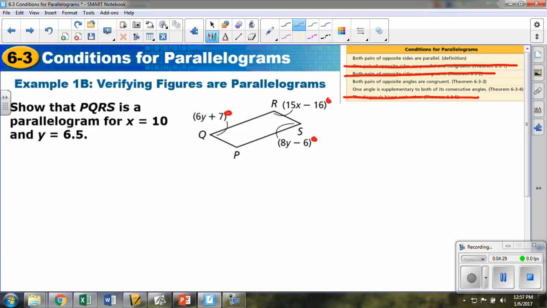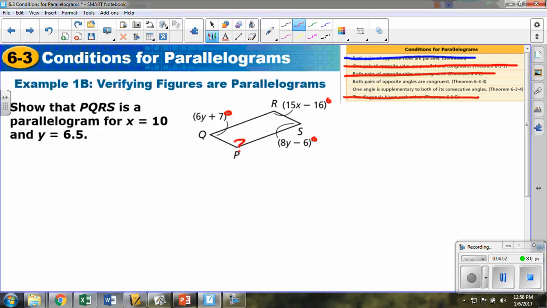Additionally, when we're looking at it, I don't see anything that looks like it's going to get us parallel. So we're not going to use the definition. Because we're being given angles, we're right down at this point where we've got 2 tools for angles. Will we be able to get 2 pairs of opposite angles congruent? We're looking at the problem.